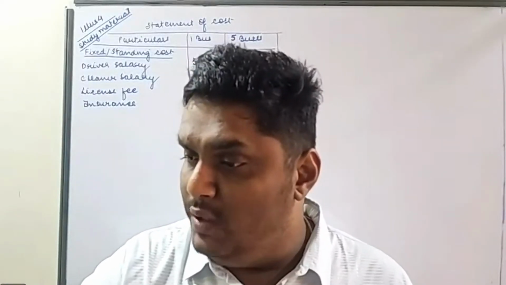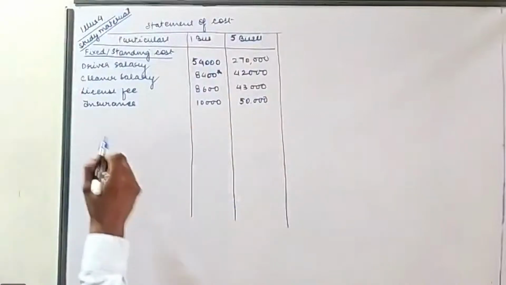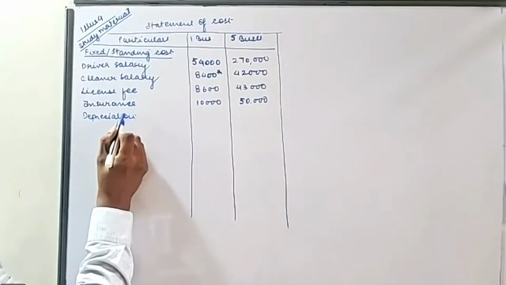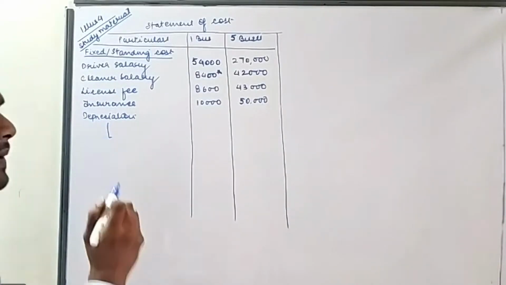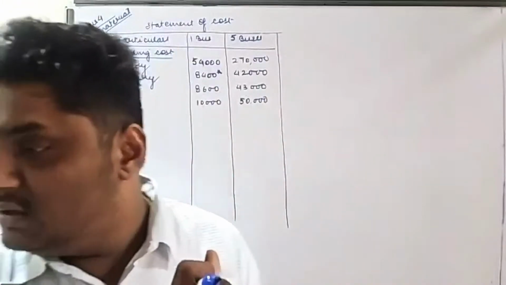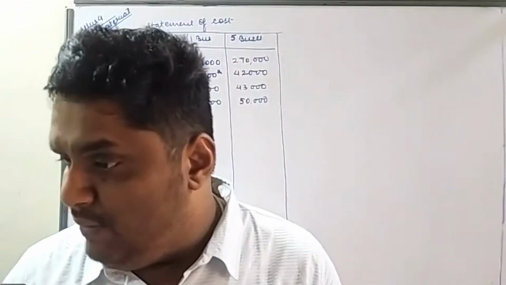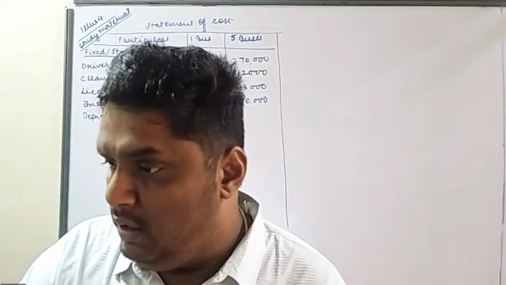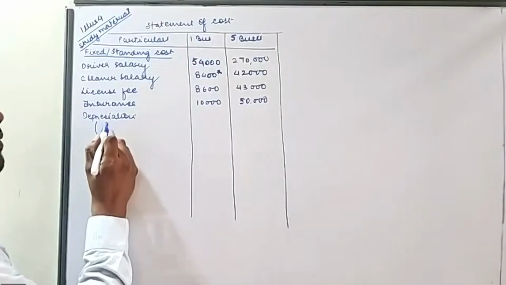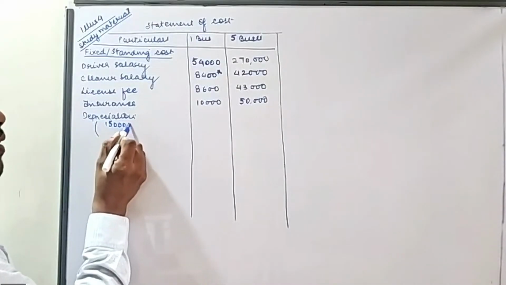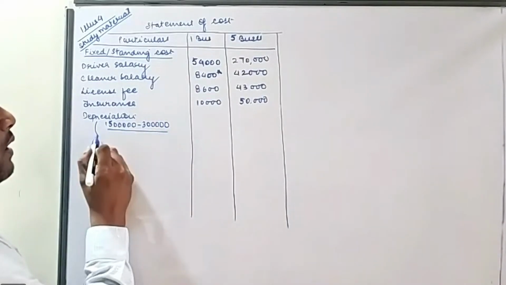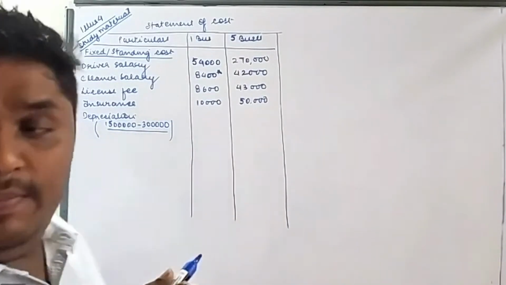Okay, so now let's move towards depreciation. I'm calculating for one bus, we'll multiply it with 5 and we'll get it for 5 buses. So 15 lakh is the cost, and 3 lakh is the scrap value, divided by my useful life.